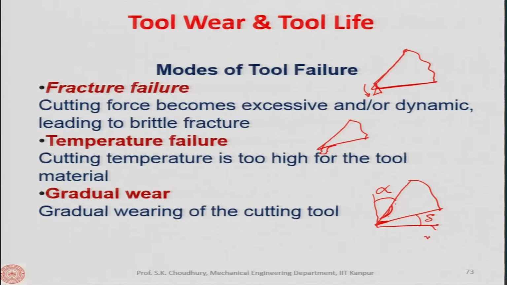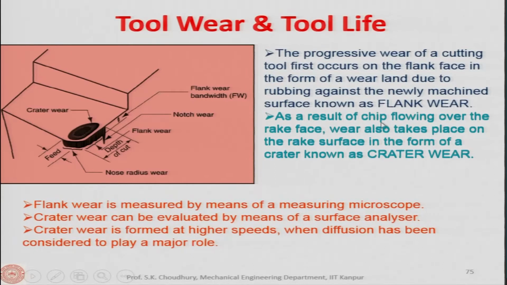This is the newly machined surface, and with this the flank face will make a flank angle. Similarly, as a result of chip flowing over the rake face of the tool, wear also takes place on the rake surface in the form of a crater. This crater is known as the crater wear. So on the rake face a crater is formed.